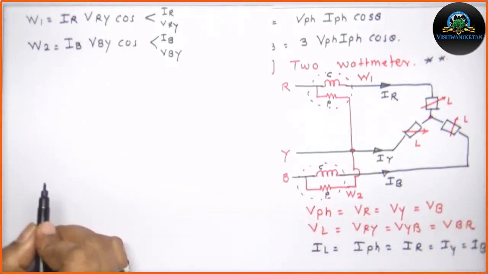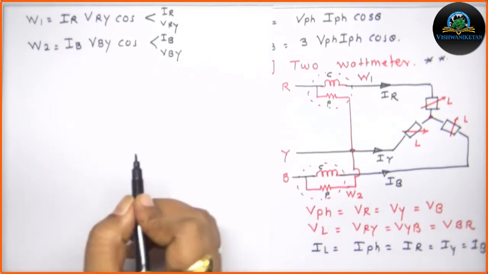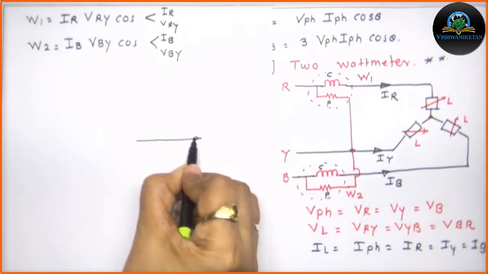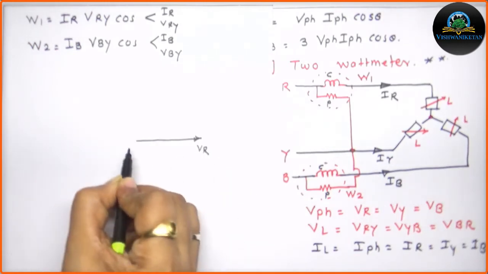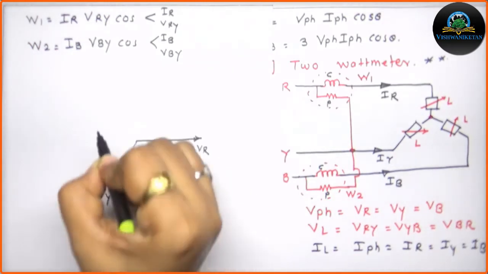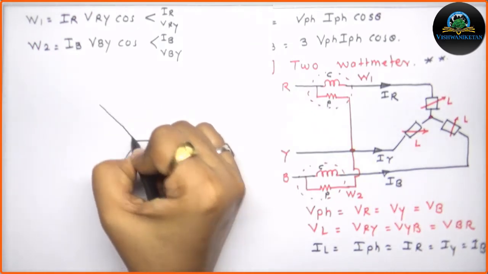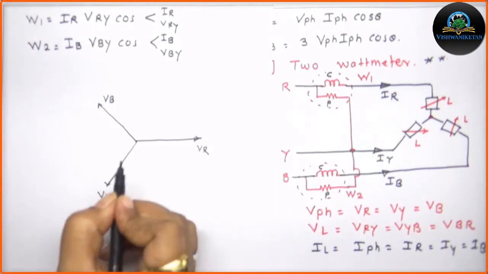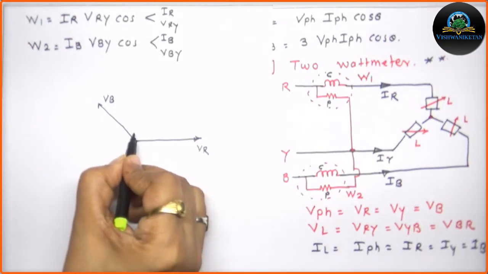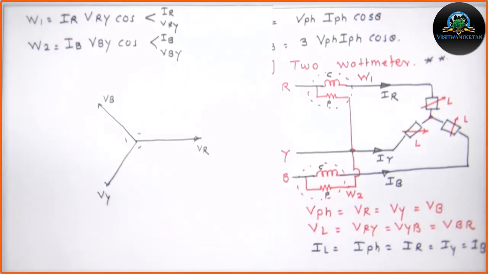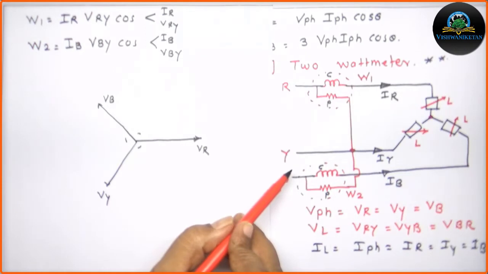So as it is a star connection, I will take the voltage as reference. So this will be my VR, this will be my VY and this will be my VB. Now these three are 120, 120 and 120 degrees apart from each other. I am considering the lagging power factor.